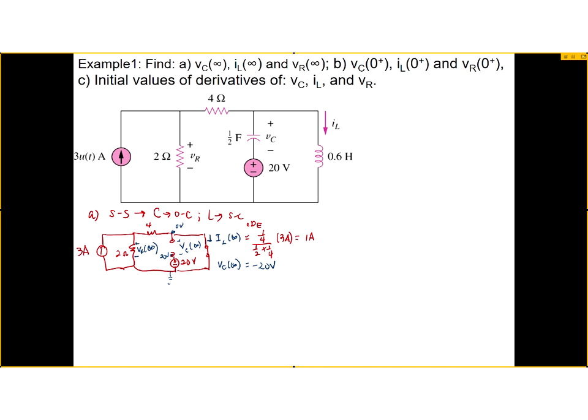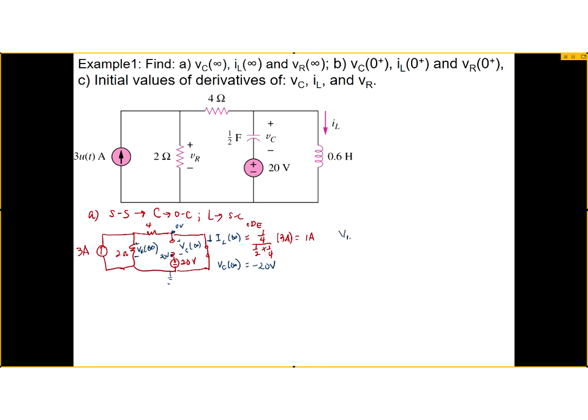Everyone okay with that being 0? Because this wire here, that is the inductor, being a short, is connected to that. So how do I go from 20 to 0? The V sub C infinity must be negative 20. Yes? Because I'm going from 20 to 0. Okay.